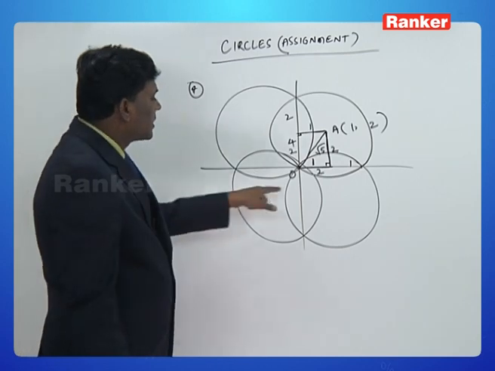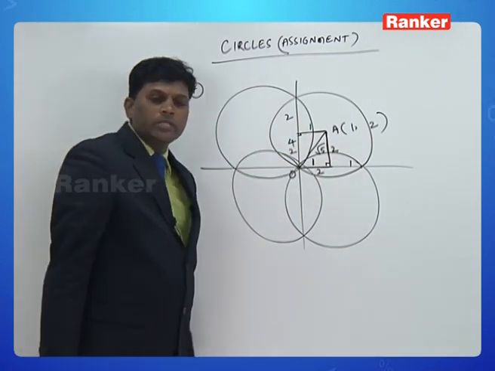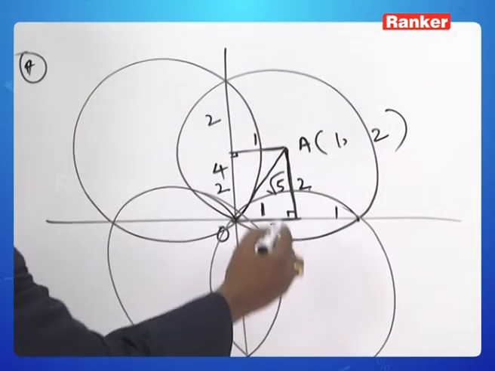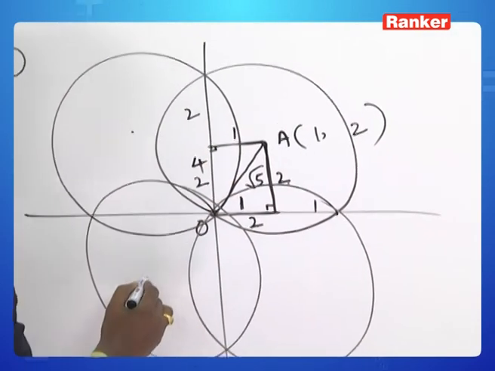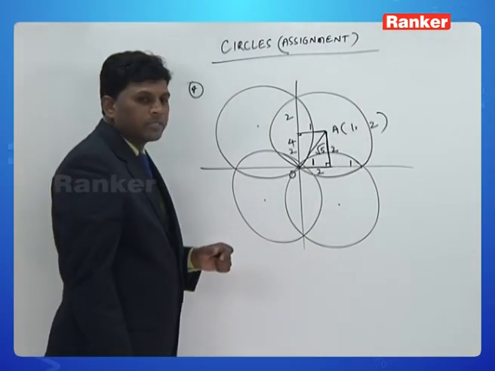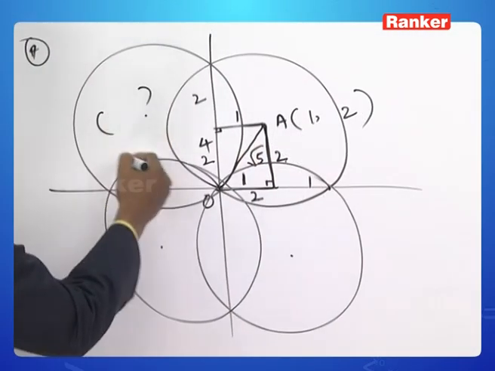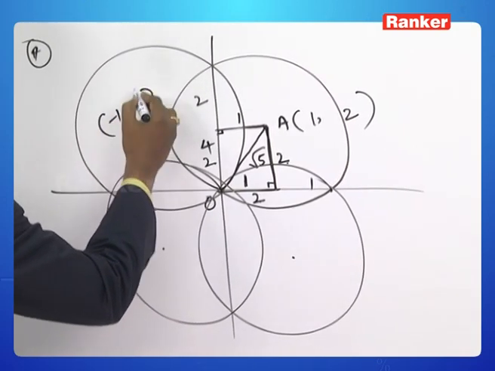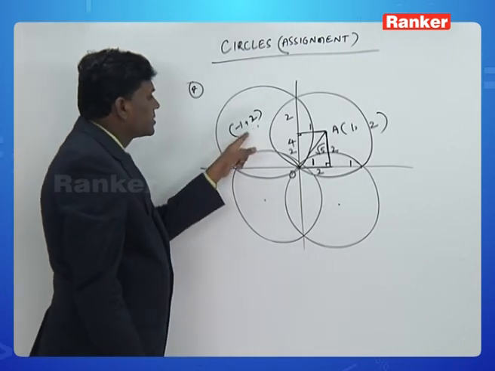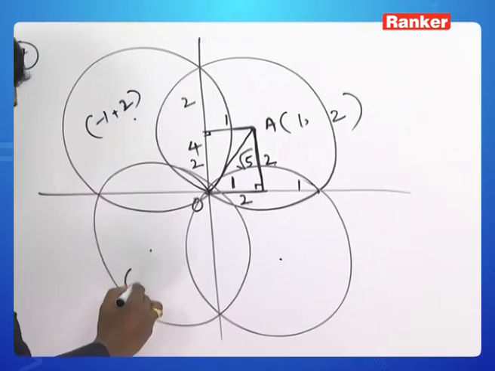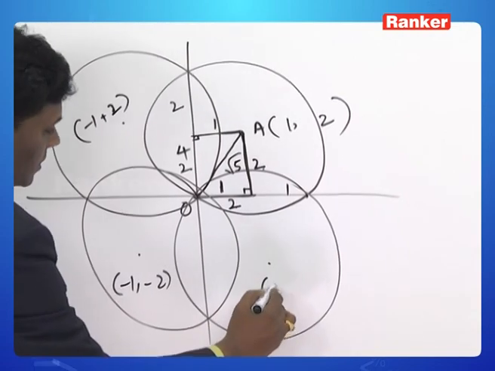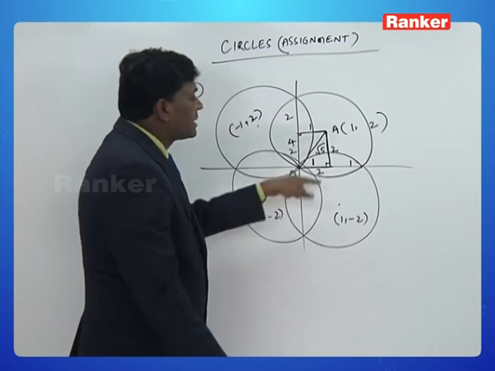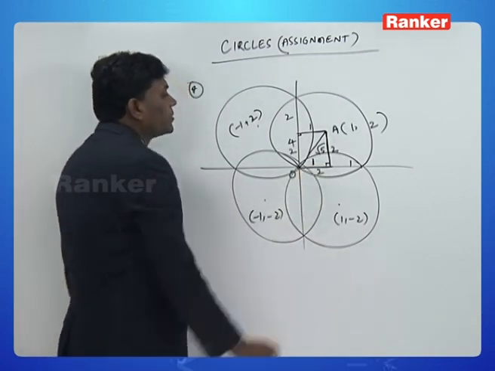Like this, we can take 4 equal circles in 4 different quadrants, and all of these will take numerically the same center abscissa and ordinate. Only the difference is that according to the quadrant we are changing the sign. So in the second quadrant the circle center is (-1, 2), in the third quadrant (-1, -2), in the fourth quadrant (1, -2), and the radius of all of these circles is obviously root 5.